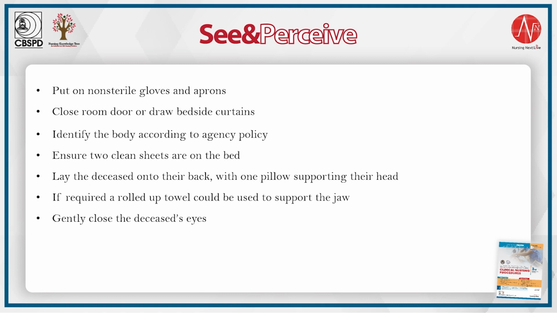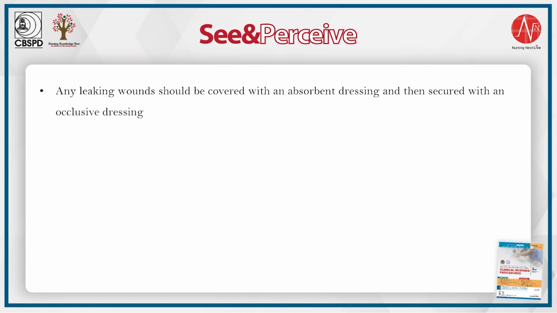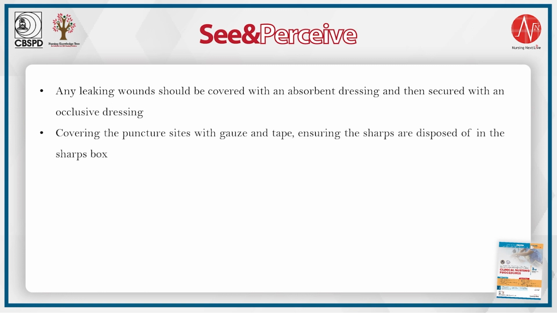Gently close the deceased's eyes. Remove all bottles, bags and receptacles like urinary catheters, nasogastric tubes, intravenous lines or drainage tubes. Any leaking wounds should be covered with an absorbent dressing and then secured with an occlusive dressing.